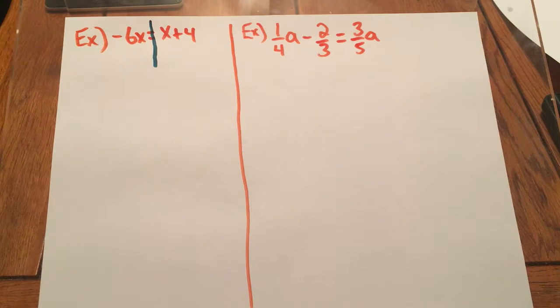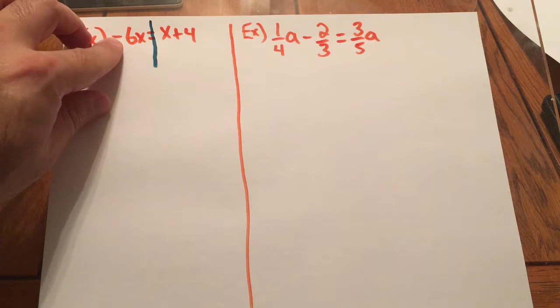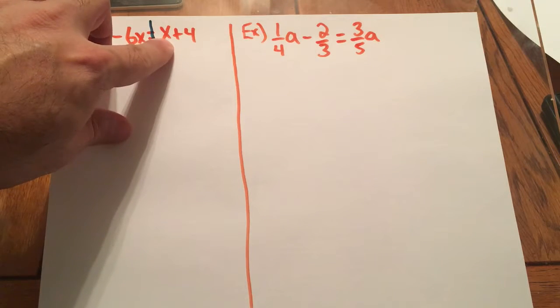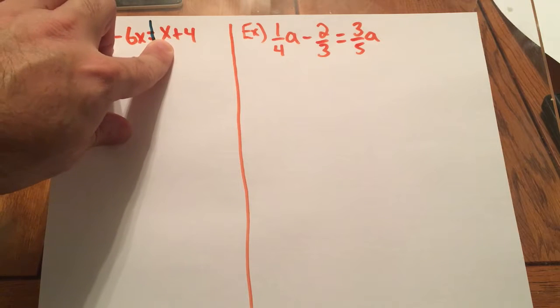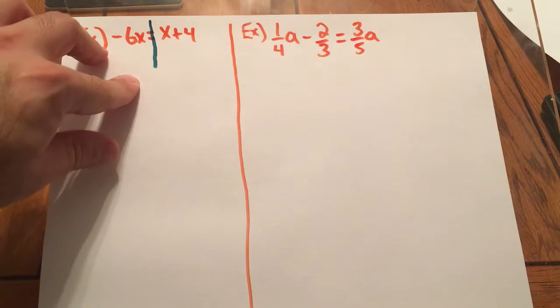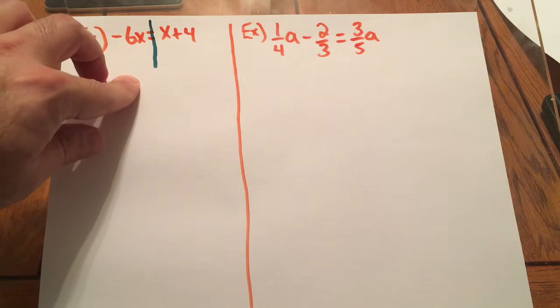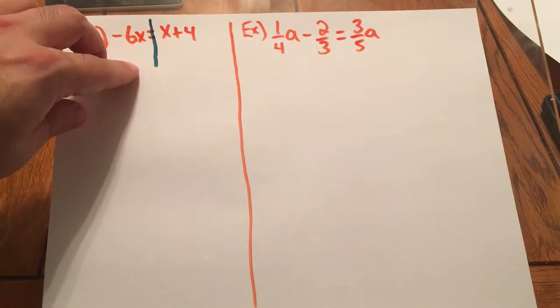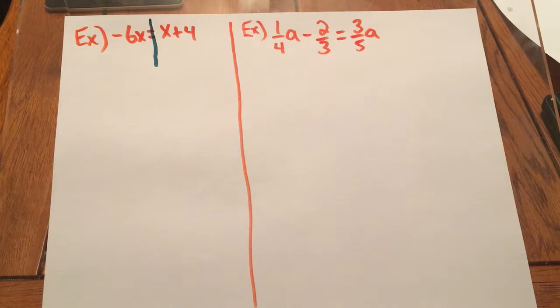In this particular case, I'm going to tell you you can still do that. You could still move this 6x over here if you wanted to, but just remember that when you do that, you're going to be left with 0 over here, and it's going to be one of those few times when you're solving equations where you'll actually have to write the 0, because that's all that's going to be left over there.